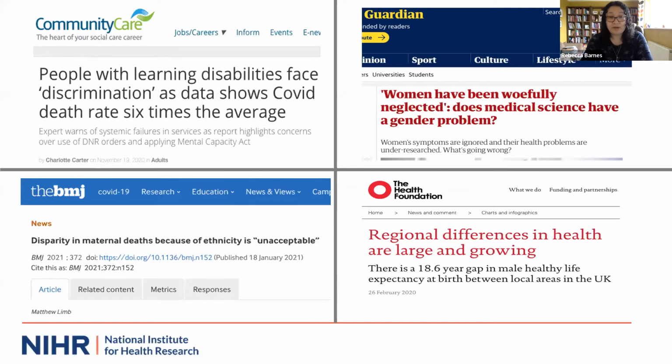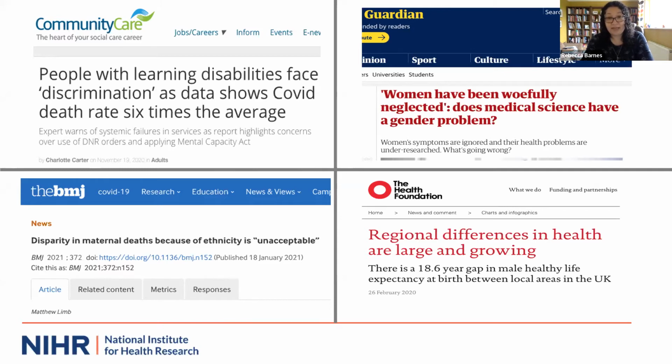There's also been growing criticism of medical research neglecting health conditions which disproportionately affect women. This has significant implications for delayed diagnosis, complications, and quality of life, thinking about conditions such as endometriosis. The final example is from the Marmot Review, 10 Years On, which was published in 2020.